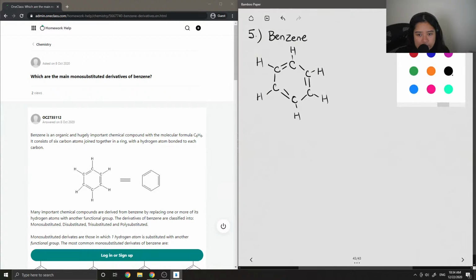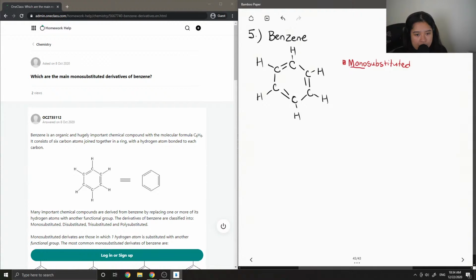So when we have a monosubstituted derivative, since there's a prefix of mono, this can help give us a hint of what this means. So monosubstituted means that one of the hydrogens is substituted with another functional group.